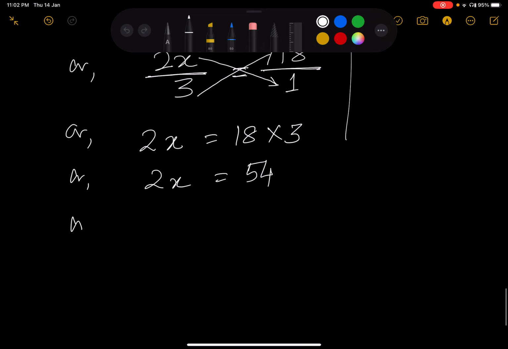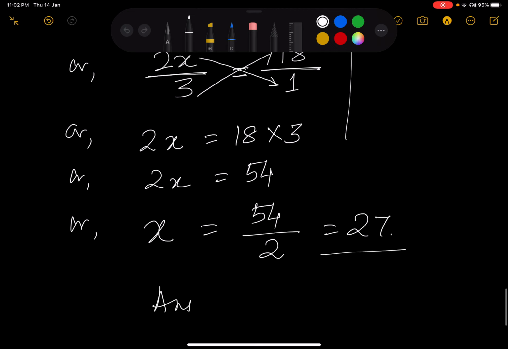Now what will be the value of x? 54 by 2, that is 27. So answer is x is equal to 27.